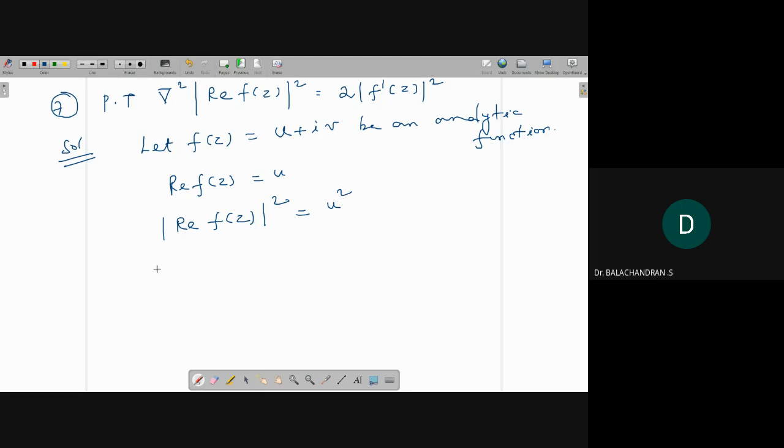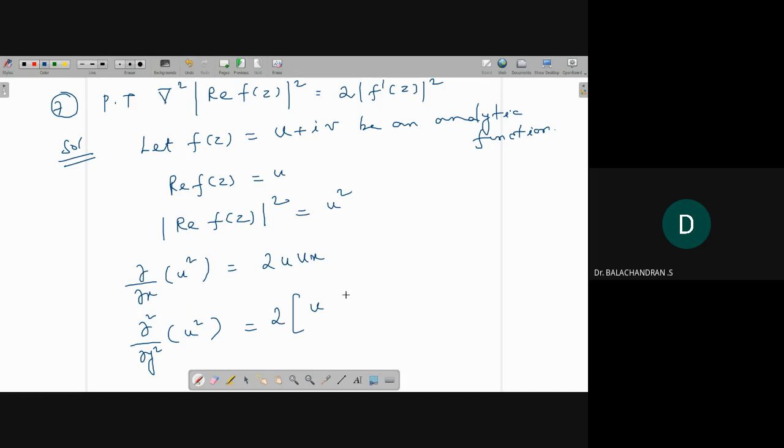Now I need del square. So dou by dou x of u square, that is of the real part of f of z whole square, is 2 into u into ux. Similarly, dou square by dou x square of u square: again you should apply the UV method.